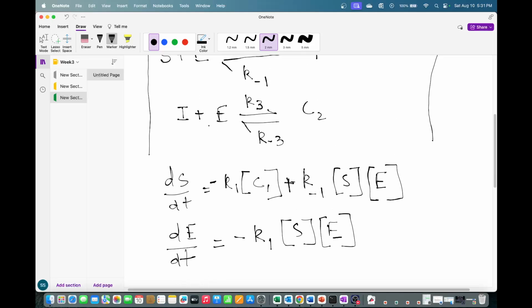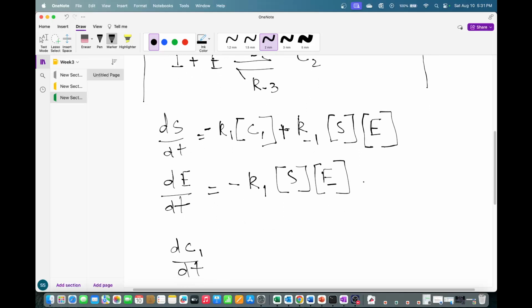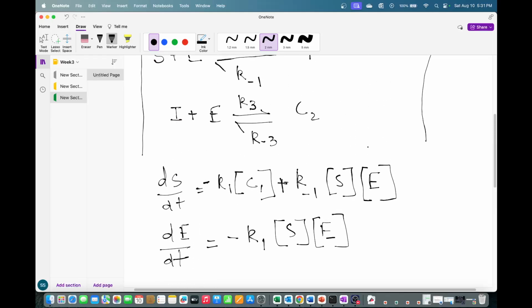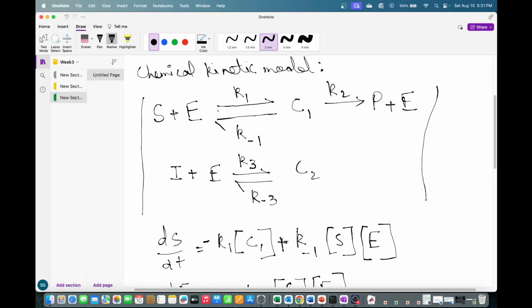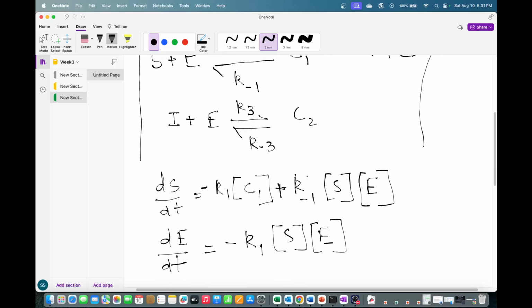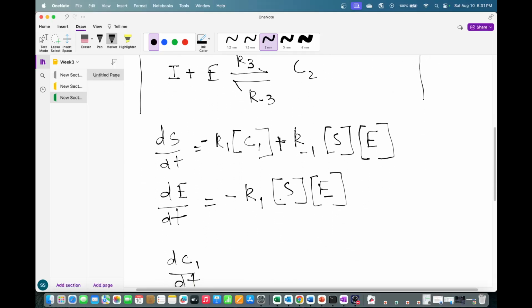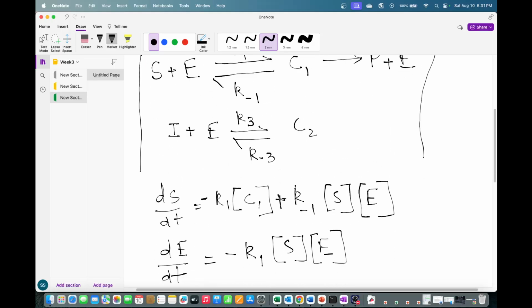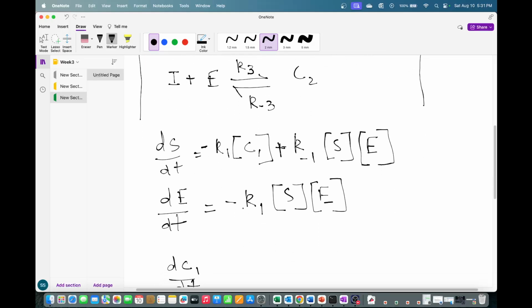Similar situation here. E is getting used up here as well. So is this K1 or K minus 1? Okay, now let me write it properly.